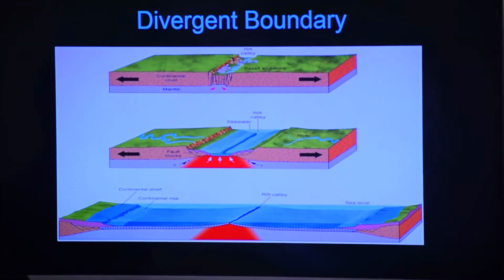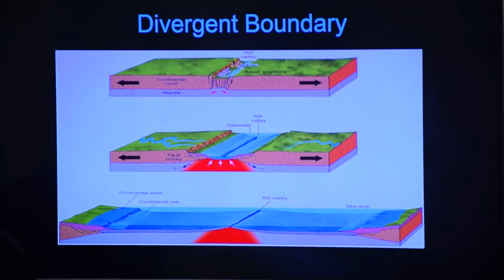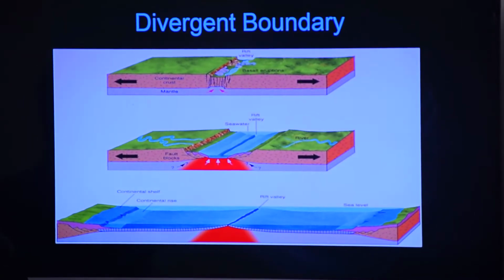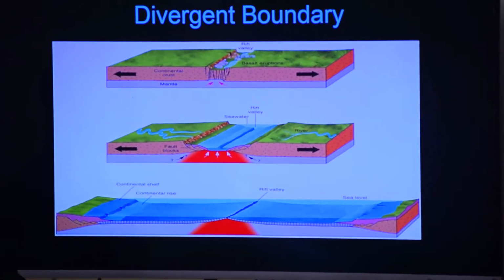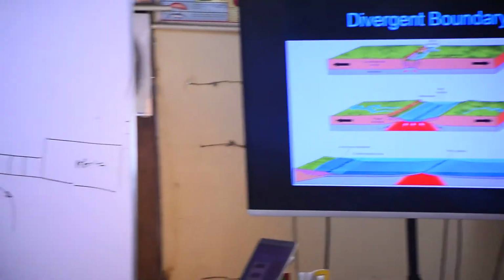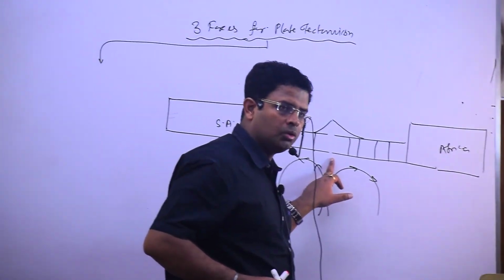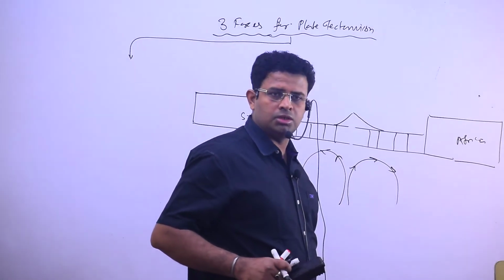Only the presence of hot magma below makes it expand. Therefore, along the divergent boundary, the plates are uplifted under the influence of hot magma below, and it looks like a mid-oceanic ridge, a continuous chain.